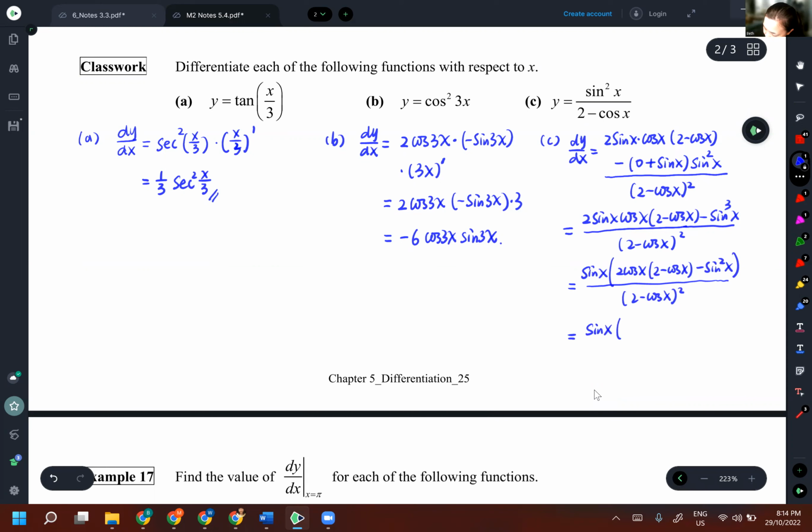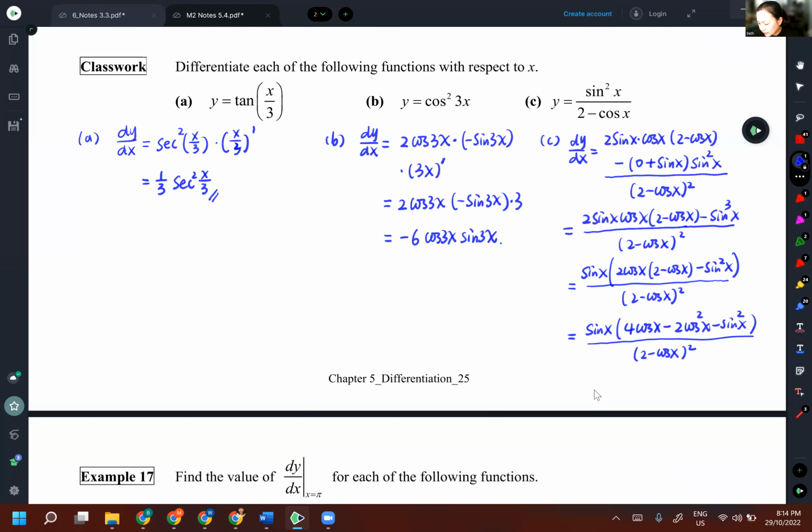And then this one is 4 cosine x minus 2 cosine x squared minus sine x squared. Maybe like that.